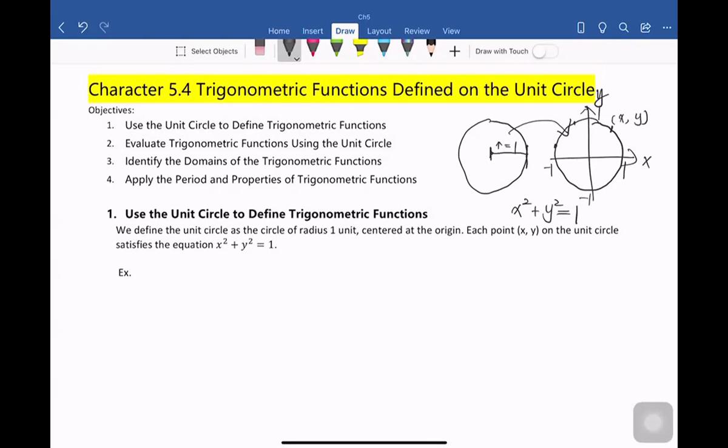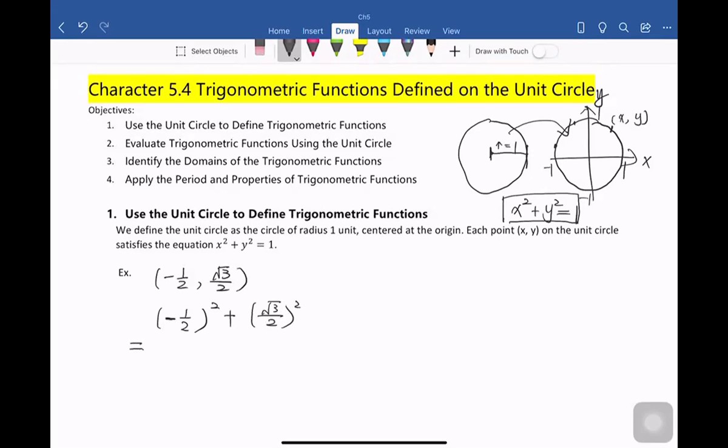If I give you the point -1/2 and square root of 3 over 2, is this point on the unit circle? If it satisfies this equation, then the point is on the unit circle. Let's try: (-1/2) squared plus (square root of 3 over 2) squared. Does this equal 1?